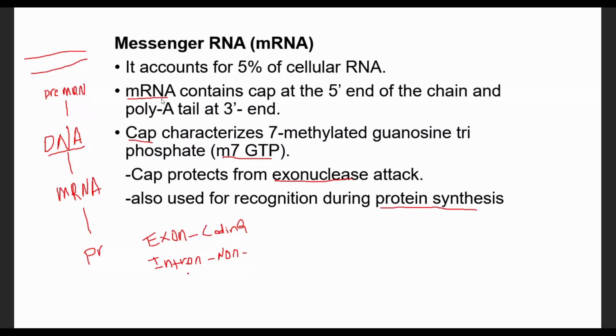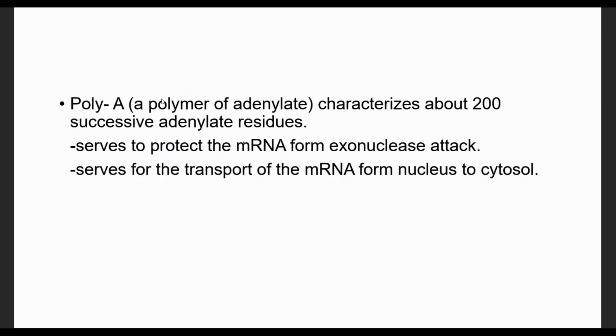The poly A tail contains about 200 successive adenylate or adenine residues. This is important for protection of messenger RNA from exonuclease attack, plus to transport messenger RNA from the nucleus to the cytoplasm. This transport occurs by the poly A adenylation at the 3' end of messenger RNA.